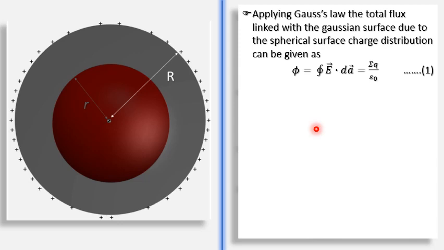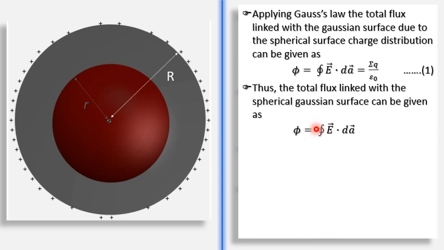So what is closed integration E dA for our case? As I just now mentioned, dA is area; integration dA will give you the area of the Gaussian surface. And what is the shape of the Gaussian surface? Sphere. So what should be the area of a sphere? 4 pi r square. So it is 4 pi small r square.